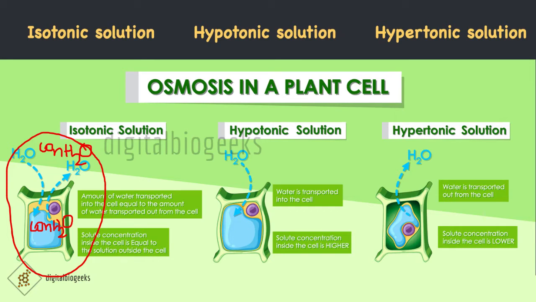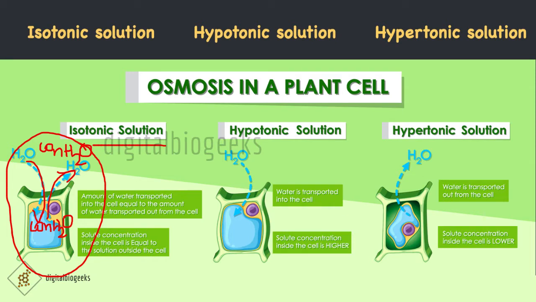The amount of water transported into the cell is equal to the amount of water transported from the cell. As a result, the cell will stay in the same size. Such kind of solution is called isotonic solution. In isotonic solution, the concentration of water is same as that of the concentration of water inside a cell.